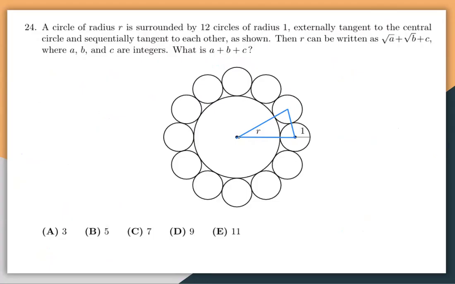So if I connect this way instead, you will get a right angle triangle where the angle right here will be just 15 degrees, and this is 90 degrees. So this is 1, this is 1, this is R. If you don't remember anything like 15, 75, 90, let me just remind you of that first.